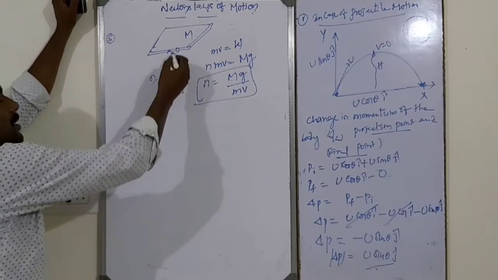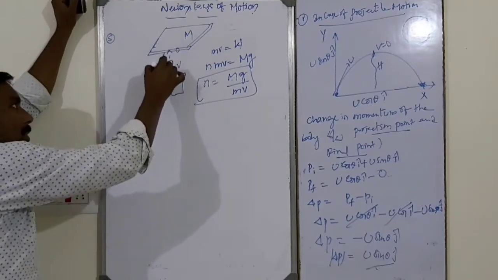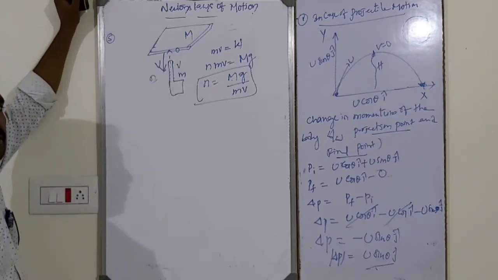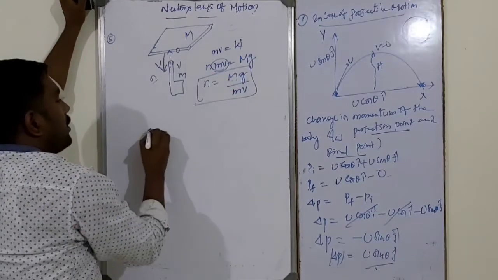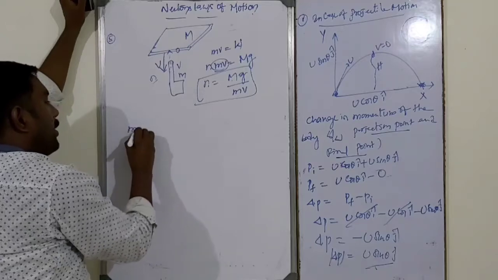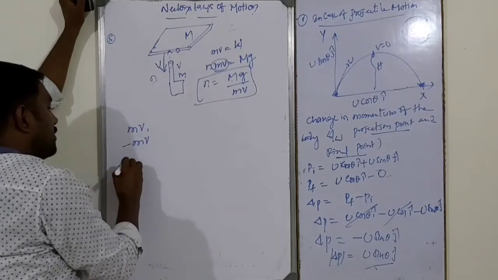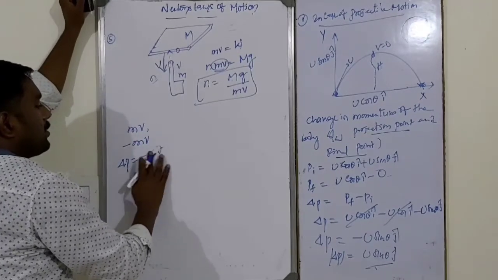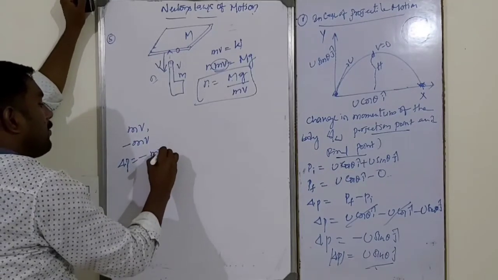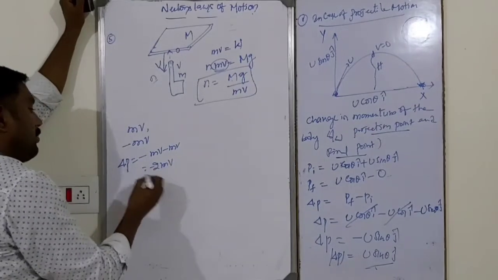Moreover, suppose after firing, the bullets are returned back with the velocity v. In this case, what is the change in momentum? The initial momentum is mv, the final momentum is minus mv. So ultimately the change in momentum is mv minus of minus mv, that is 2mv.